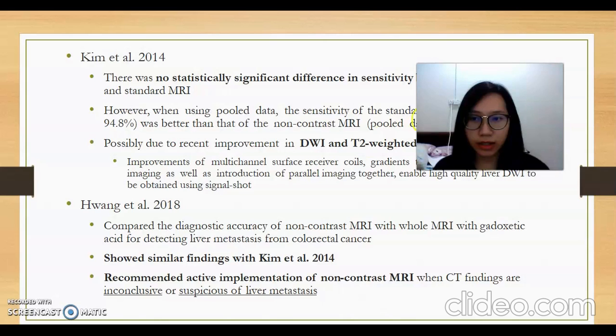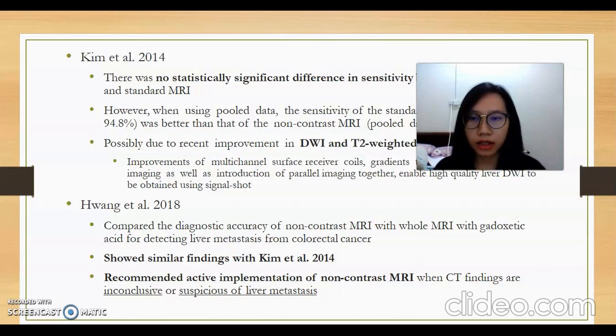Next, there is also another study done by Huang et al. in 2018, which is quite recent. It compares the diagnostic accuracy of non-contrast MRI with whole MRI with gadoxetic acid for detecting liver metastasis from colorectal cancer.